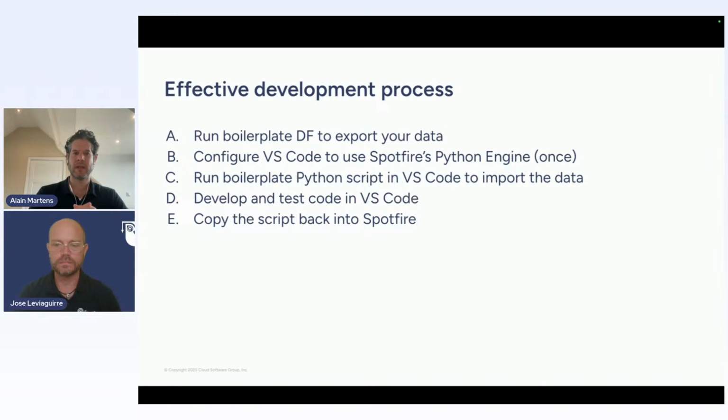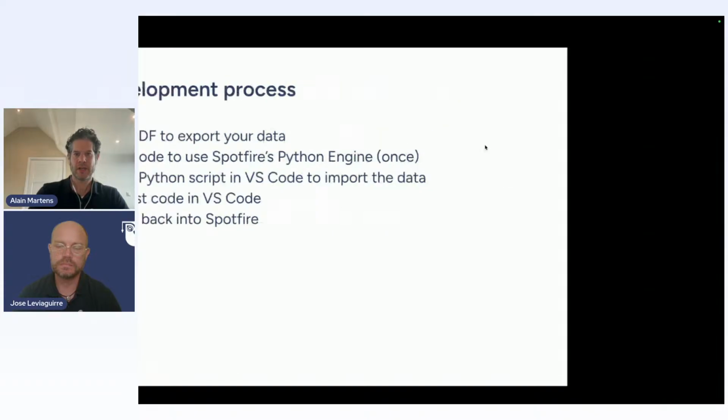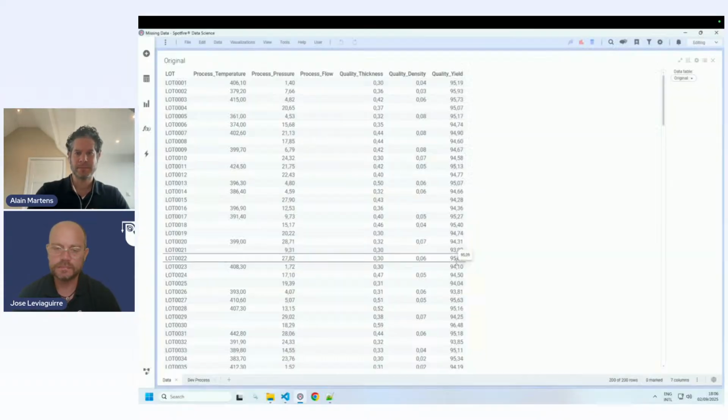I'll show you how to configure that, and you only have to do that once. Then inside of VS Code, we run a two-line Python script that imports the data from step A. After you've developed and tested your code inside of VS Code, we can confidently bring your script back inside of Spotfire and continue the development. Right, so let's move over to my demo.